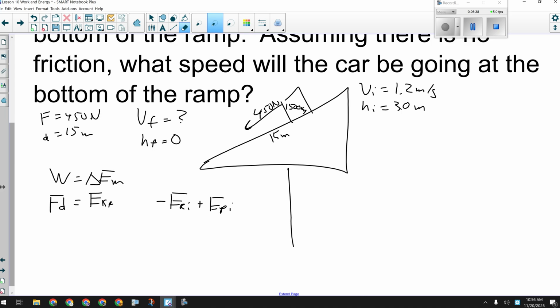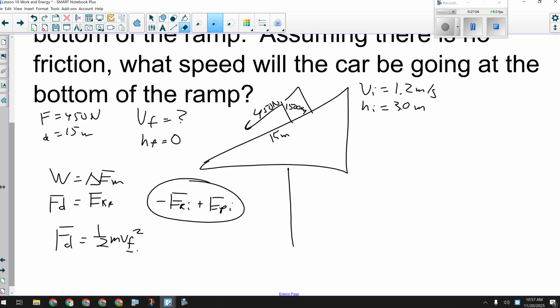I am looking for VF. So I can still say this, FD equals 1/2 MVF squared, right? I'm looking for this part here. Could I take this whole thing over to the other side? I could.